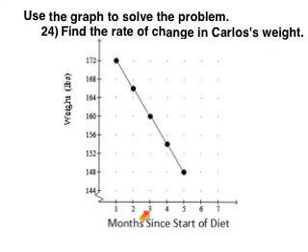See, this is at 3 months and at 160 pounds. And then this would not be, because it's in the middle. It's hard to tell. I mean, that may be 154, but it may be 153.8. But this one is right on the nose, right at where 5 months crosses with 148. So we can use those 3 points with some degree of comfort.